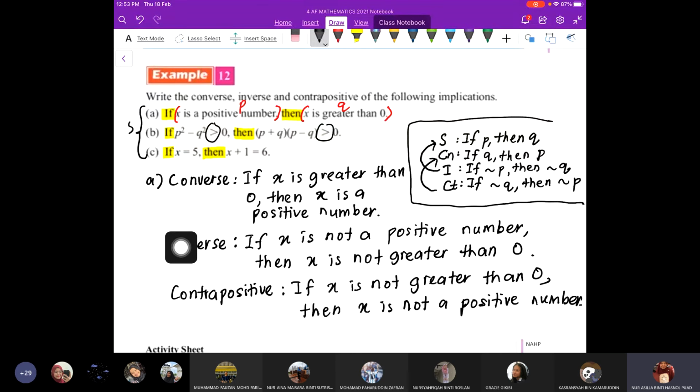Alright, the inverse. Okay, inverse. Saya nak minta Nabila Syafiqah. Ada tak ni? Aduh, lambat. Okay, tak apa. Stephanie, try.